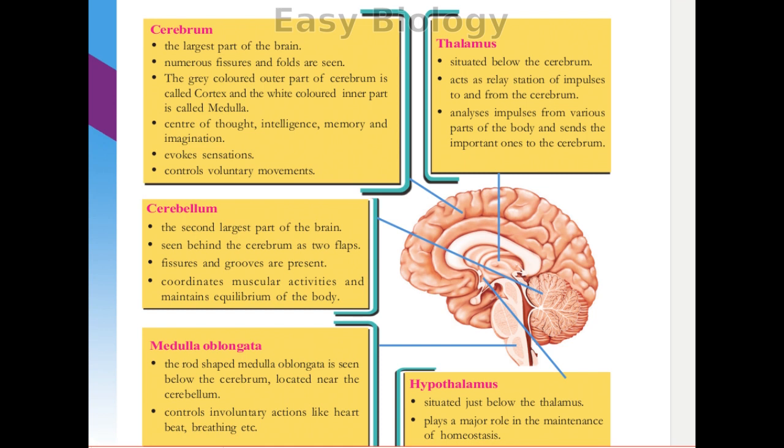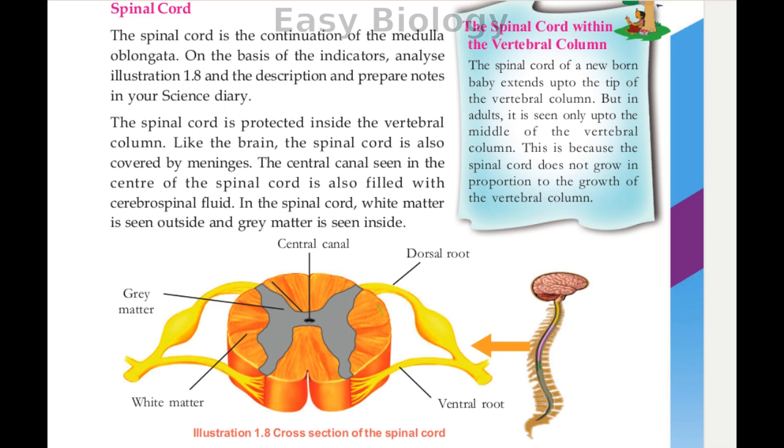Now we can study what is the function of hypothalamus. Hypothalamus maintains the homeostasis. Next we can study about the spinal cord. Spinal cord is the continuation of medulla oblongata.